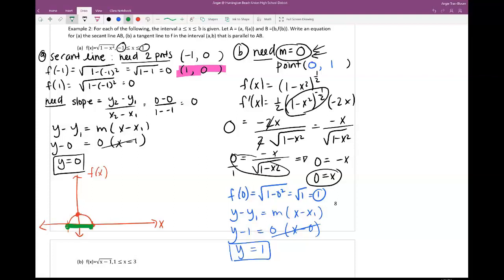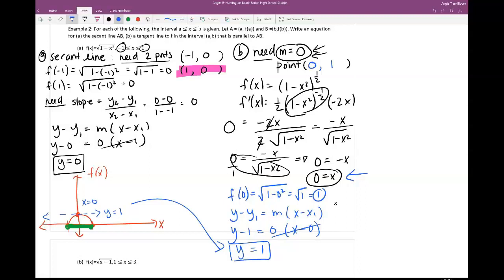Remember, the mean value theorem said there's going to be at least 1 line that's parallel. So here's the line. Would you agree that this line is y equals 1? And we found it right there. What location? The location is when x equals 0, which is back to here. We found that x right over here. See? So all of that is connected.